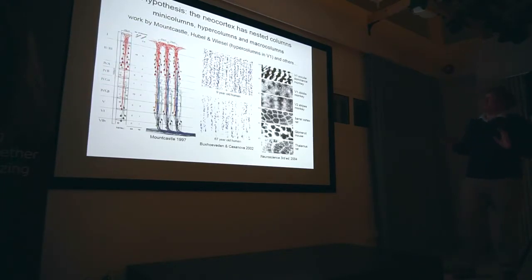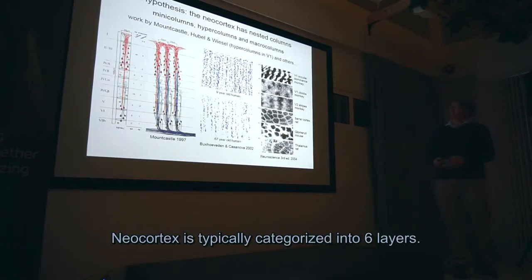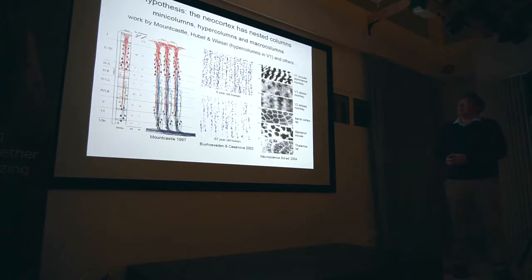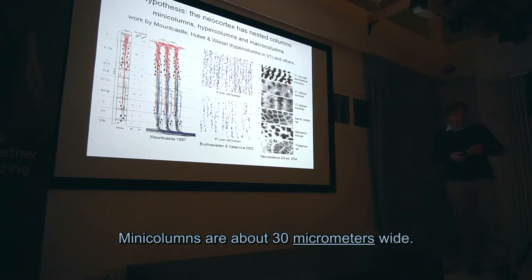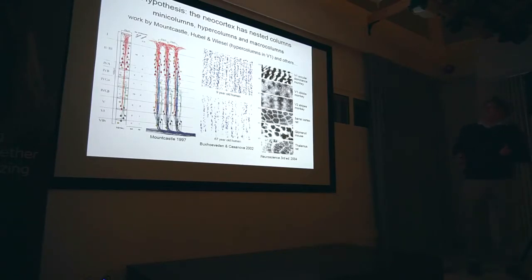Talking about the neocortex for a minute. The neocortex is a nested architecture of columns across cortex. There are minicolumns, which are about 30 micrometers wide. They occur during development. As we age, some neurons die, but once you've learned, there is some redundancy, so you can retain memories.